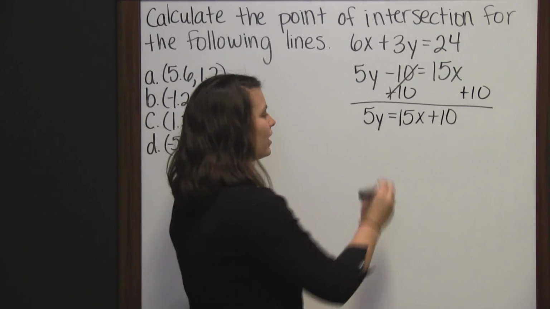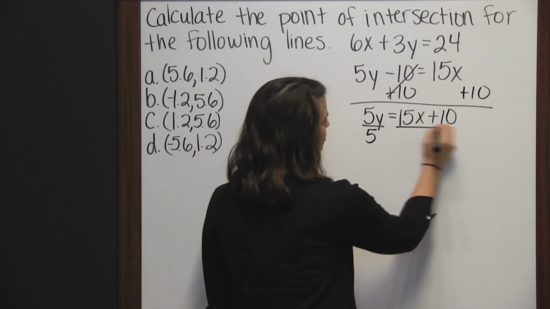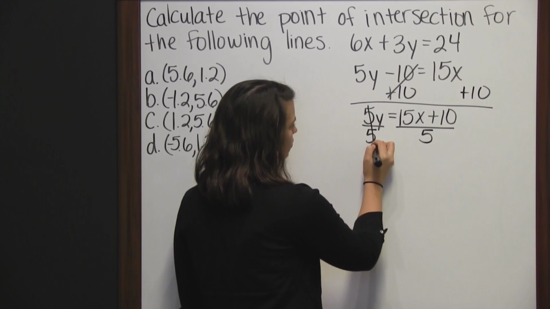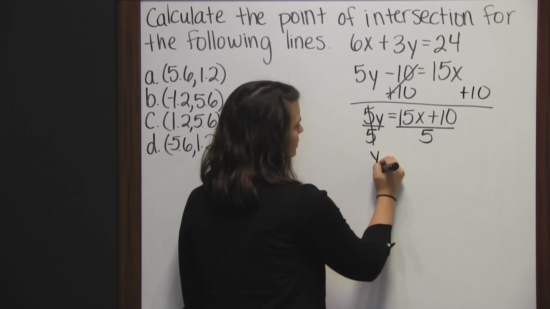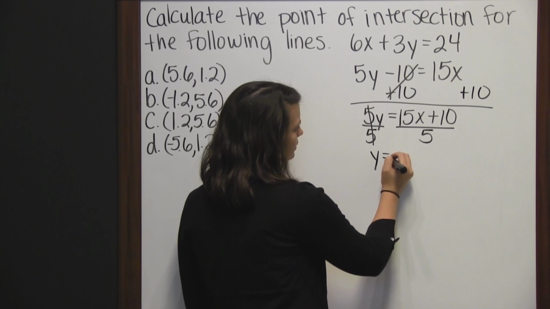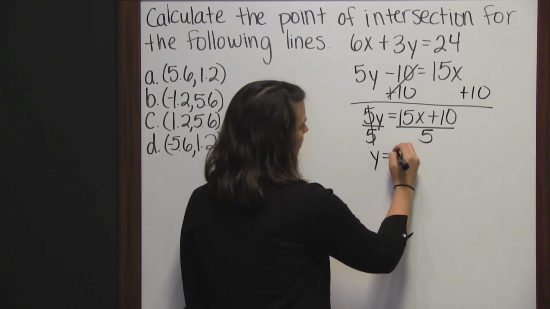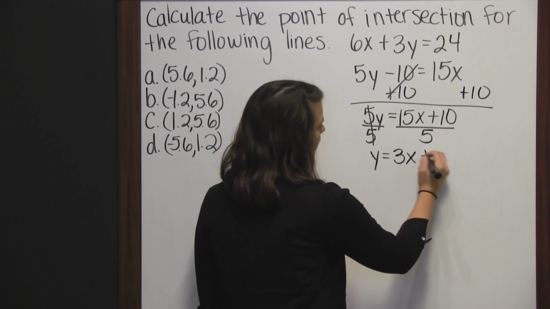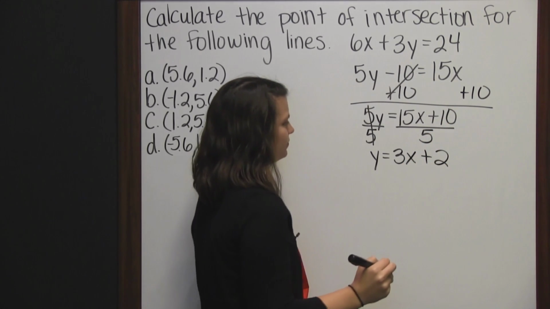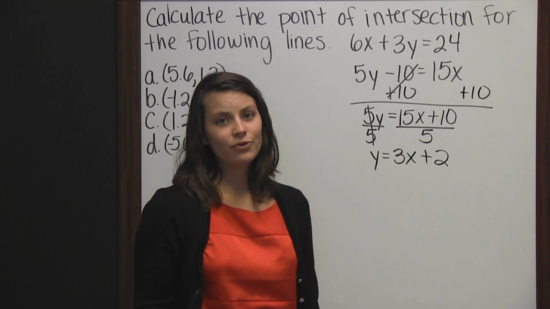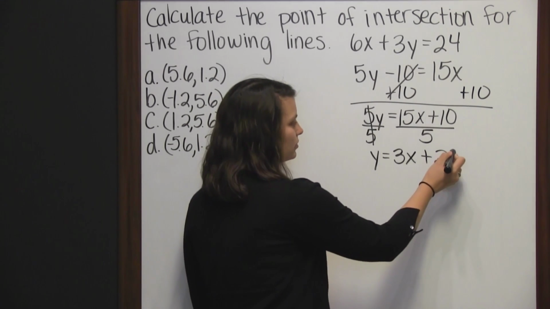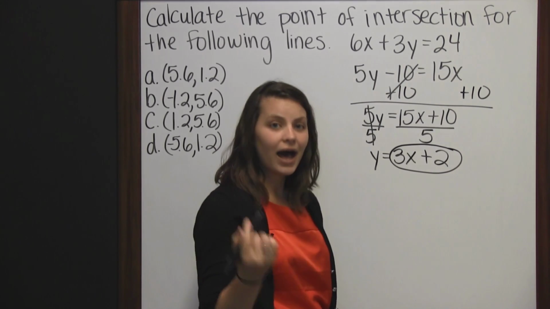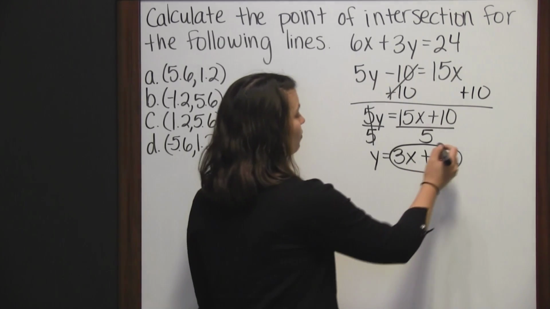Then we need to divide everything by the coefficient of y, which is 5. 5 divided by 5 is 1, times y is y, equals 15x divided by 5 is 3x, and 10 divided by 5 is 2, so plus 2. Now that I've solved for y, I can substitute this expression, 3x plus 2, in my other equation for y.